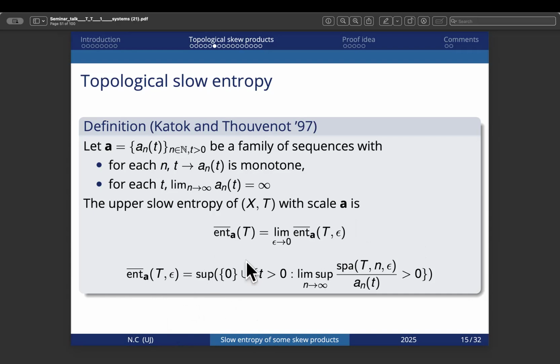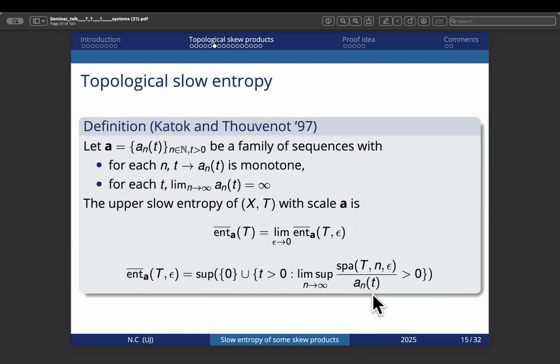So this looks a bit large, but let me try to explain what it means. Here we have a lim sup on n. So here we make n tend to infinity, and we compare this spanning number with a_n of t, which is a sequence in n. So we have two sequences in n, and we want to see which one grows faster.